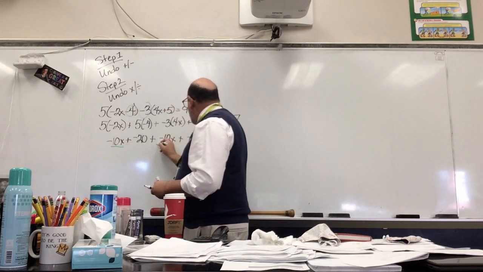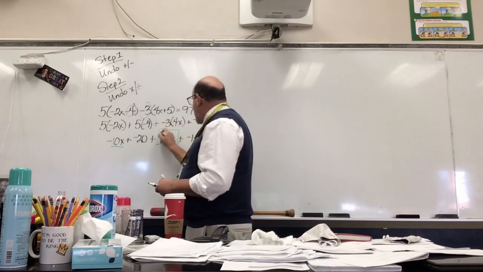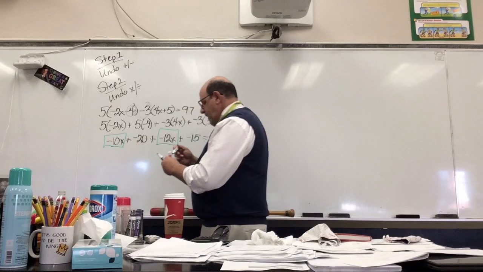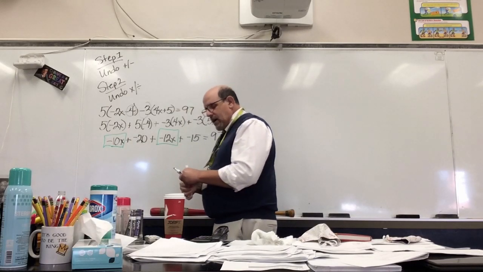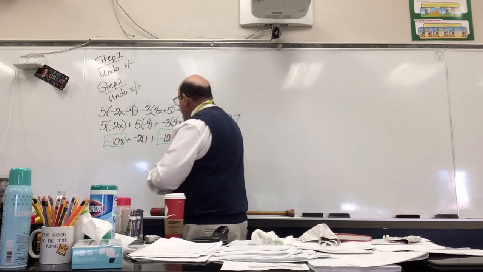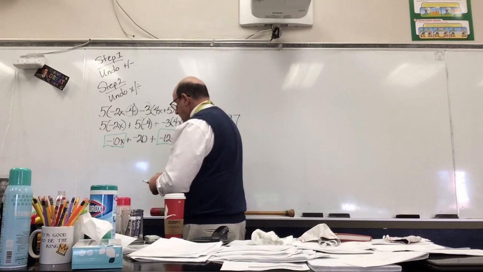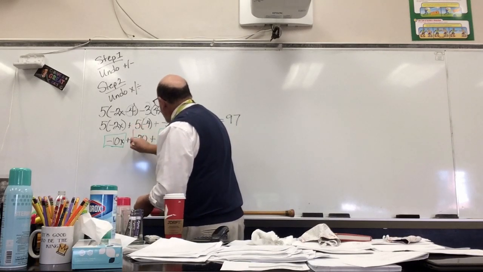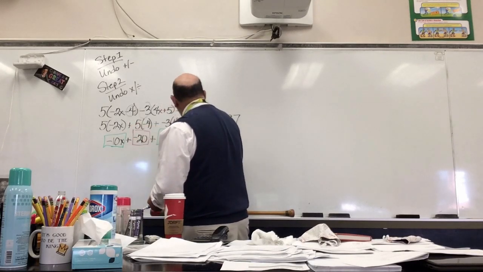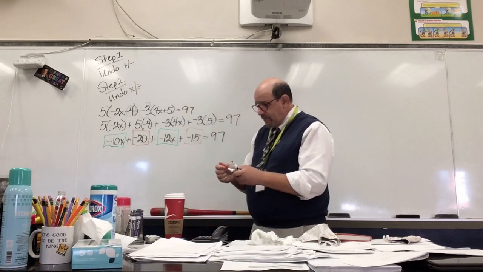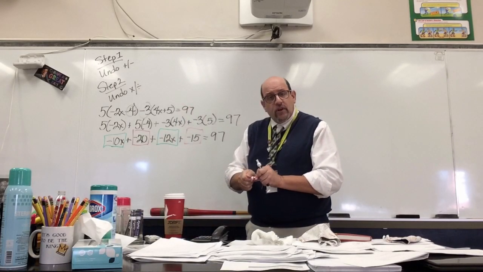There's the x terms, and maybe I'll box them in with that color because I want you to box in the signs as well. And then I'm going to box in my constants of negative 15 and negative 20, and apparently I'm not strong enough to open up this marker. All right, so far so good.